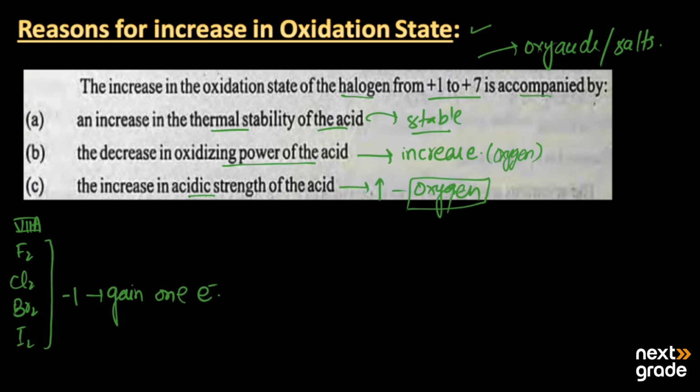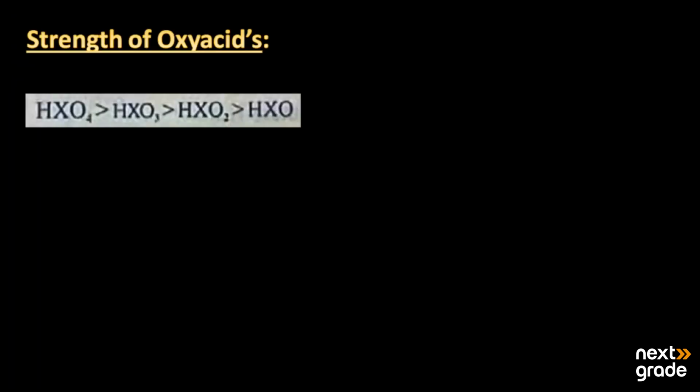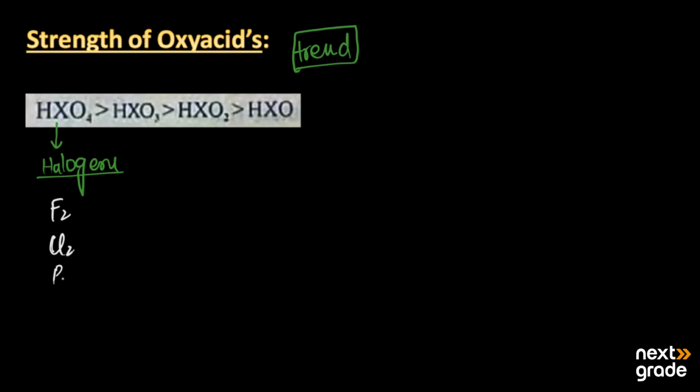In the last part, we will discuss the strength of the oxyacids, that is, what the main trend is of their increase or decrease in oxidizing power or oxyacid strength. So the first one, which is the strongest acid, will be HXO4. Here the X just denotes the halogens, which are group 7A elements, and these halogens include the four elements fluorine, chlorine, bromine, and iodine.